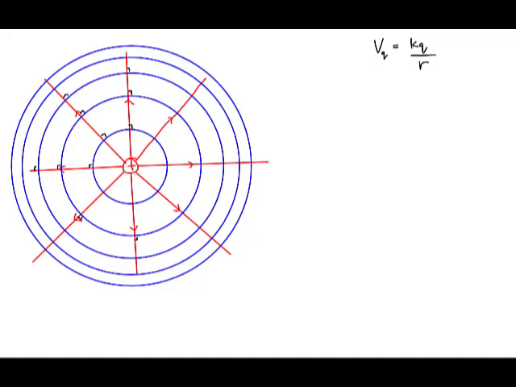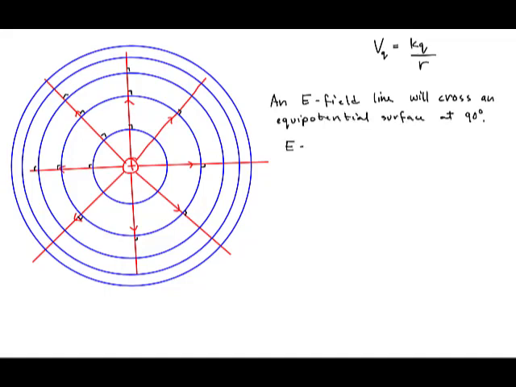Field lines cross equipotential surfaces at 90 degrees. Very important point to remember. An electric field line will cross an equipotential surface at 90 degrees. In other words, an electric field line is perpendicular to equipotential surfaces.